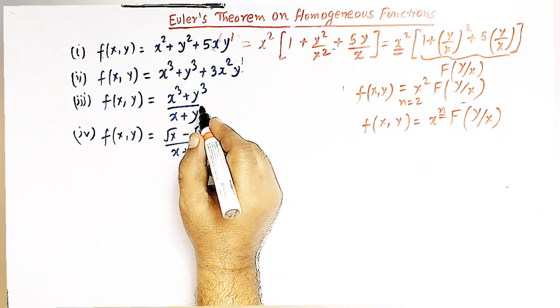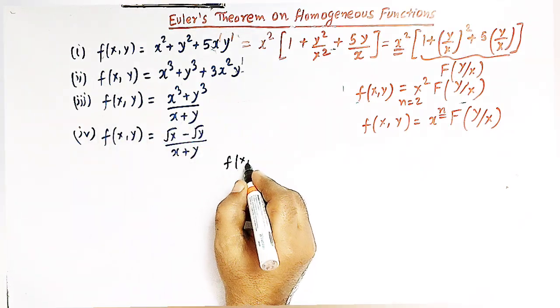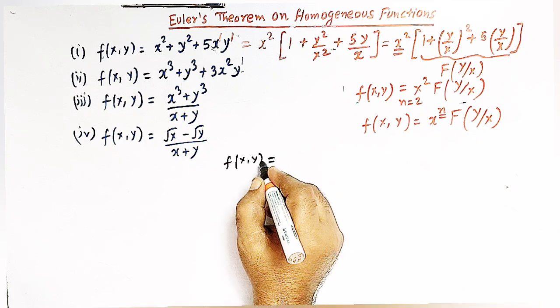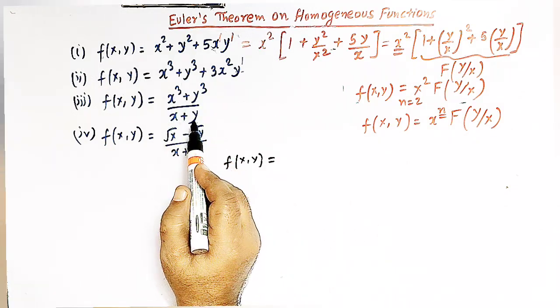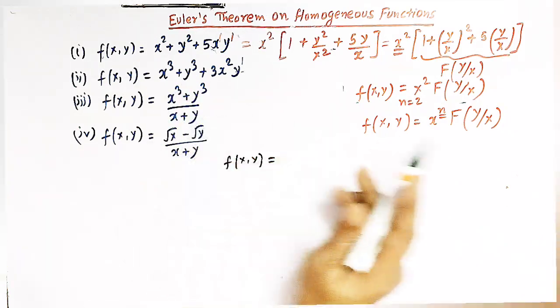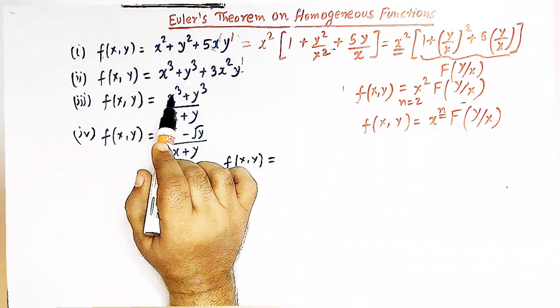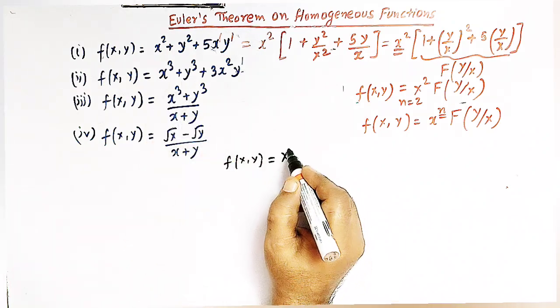Now let us consider the third example. So here we have f of x comma y is equal to x cube plus y cube divided by x plus y. So here in order to express this function in this form, in the numerator we will take x cube common.